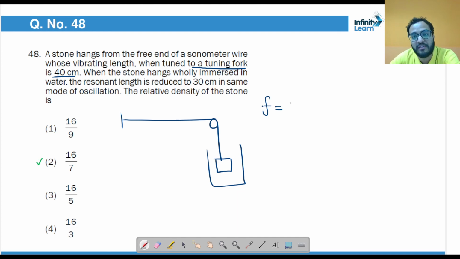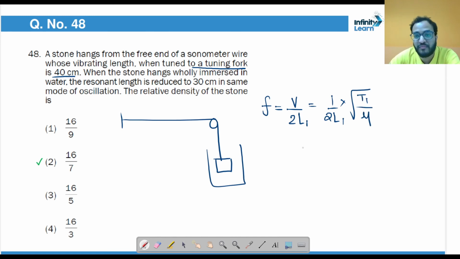So initially the frequency is V upon 2L1, which is 1 by 2L1 into root over tension T1 upon mu. And again, the same frequency but the length has changed to L2, so 1 by 2L2 into root over T2 upon mu.